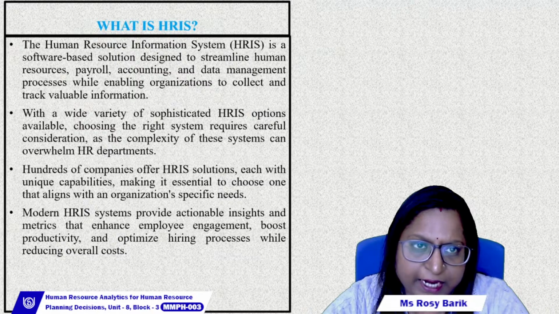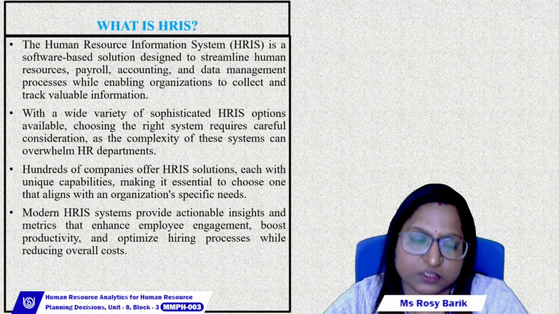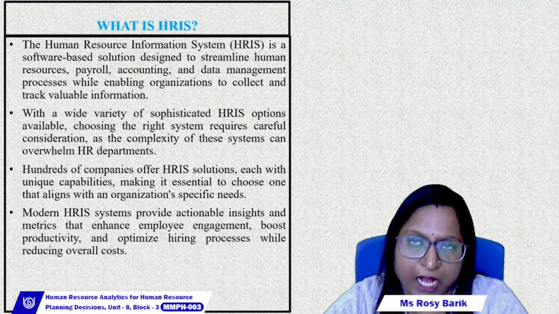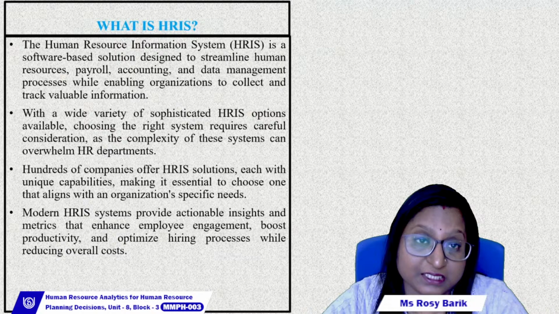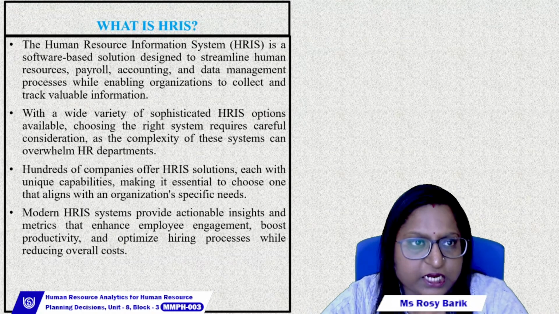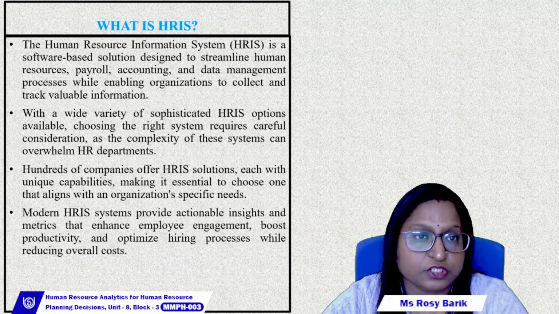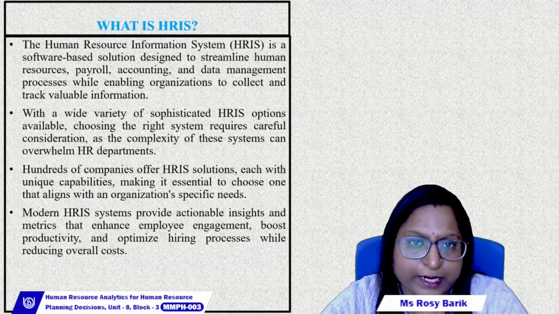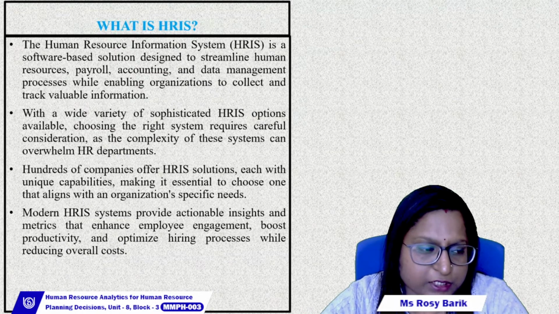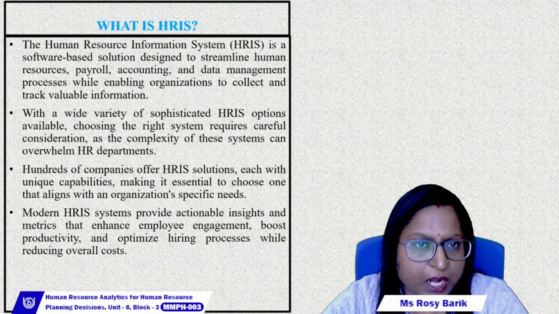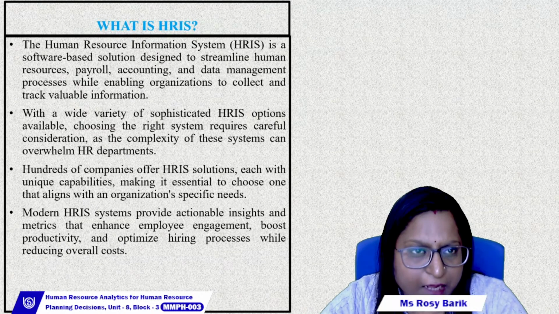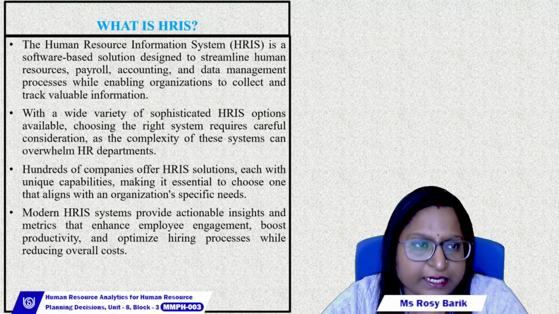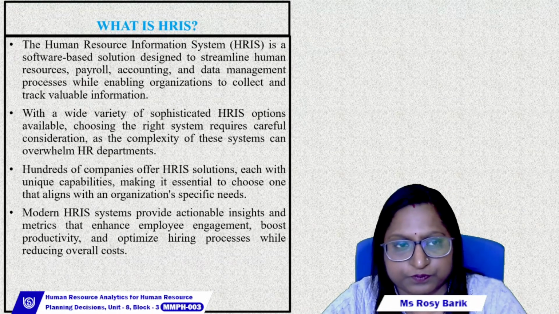Here, it helps in streamlining the HR resources, payrolls, compensation, accounting, data management processes, and also helps in business developments. The Human Resource Information System is a software based solution designed to streamline the human resources, payroll, accounting, and data management process, and it enables organizations to collect and track valuable information.